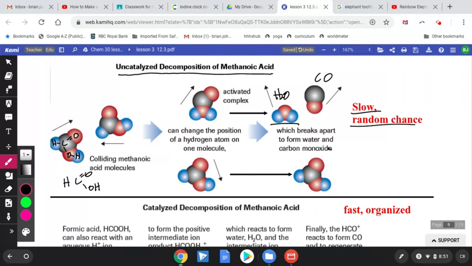You'll notice that in the collision one of the hydrogen atoms got moved, it's this guy, gets moved from the carbon onto the oxygen, which makes it unstable. And an unstable activated complex with high energy falls down the energy hill and decomposes into stable products.